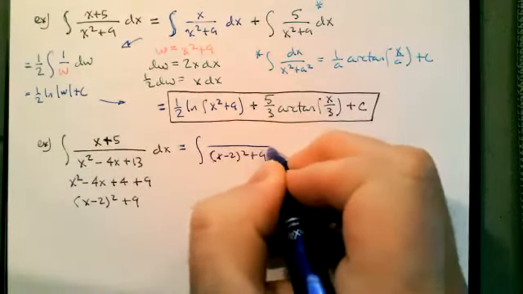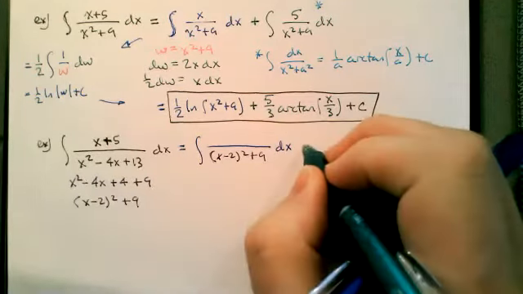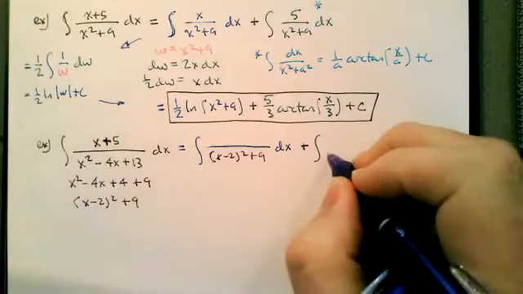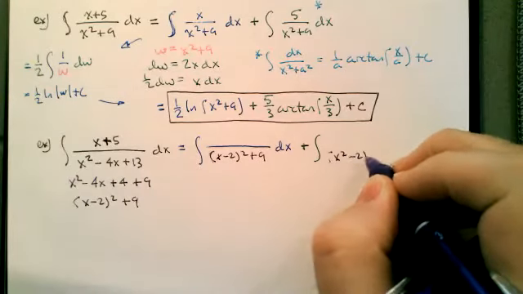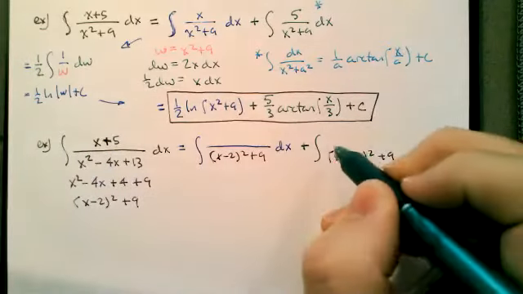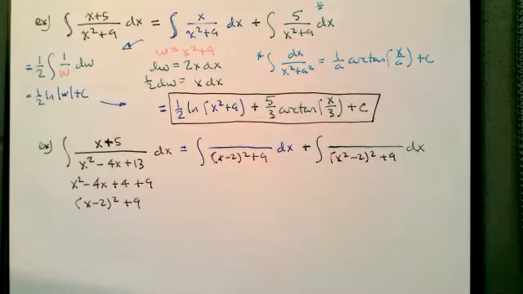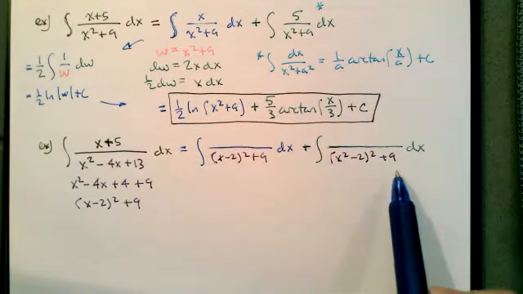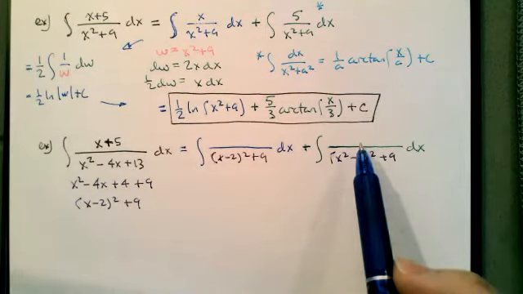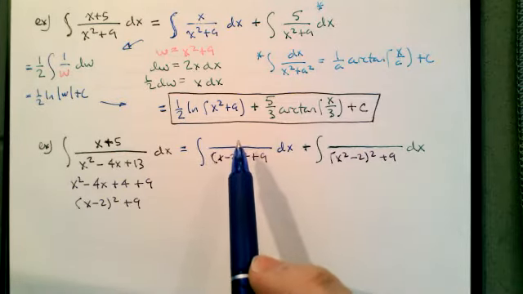Just like before, I'm going to have another term that still has this denominator, and this one's going to give me arctangents. So the term that I'm expecting to get arctangents from is going to have a constant in the numerator. The term that I'm going to get natural logs from is going to have a linear in the numerator.